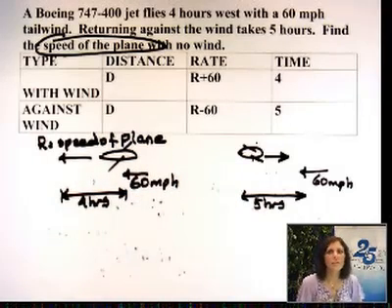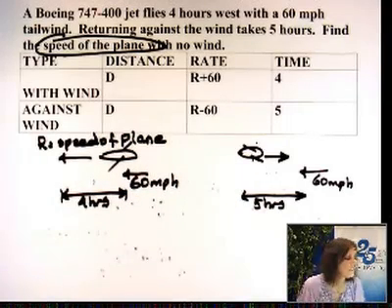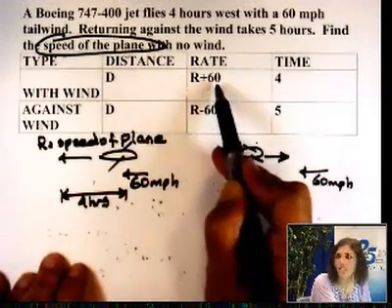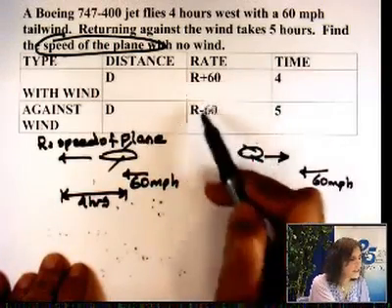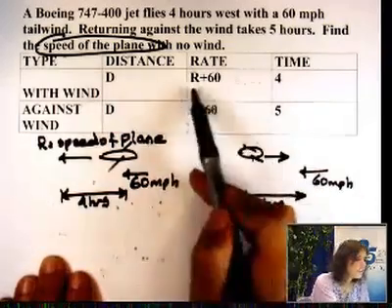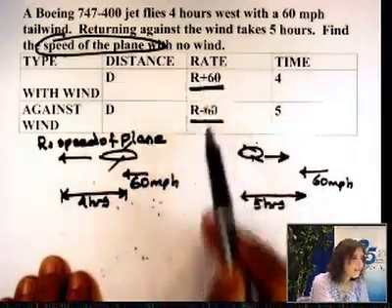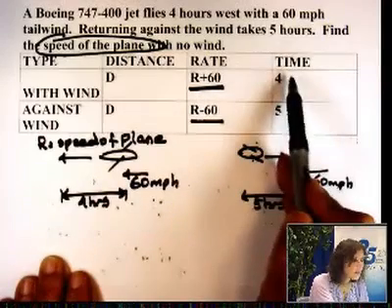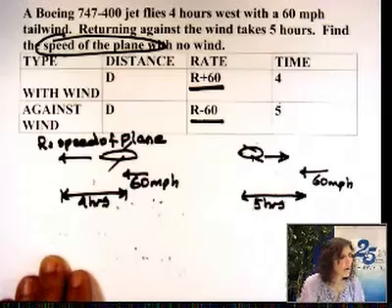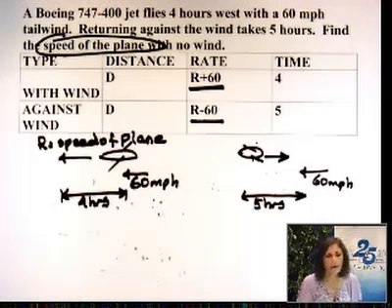If he was in a vacuum, he would go that fast. When he goes with the wind, it's going to help him, so it's a plus. When he goes against the wind, it's going to be hindered. So here's my rate in both cases. What is time equal to? It tells me the time is 4 hours versus 5 hours. Okay, I can handle that.